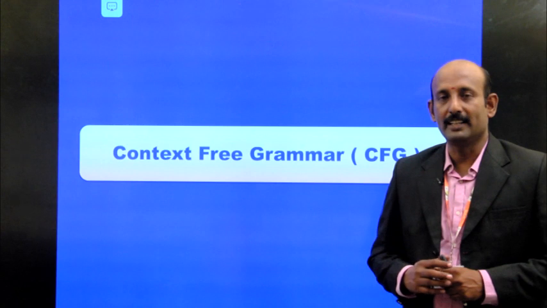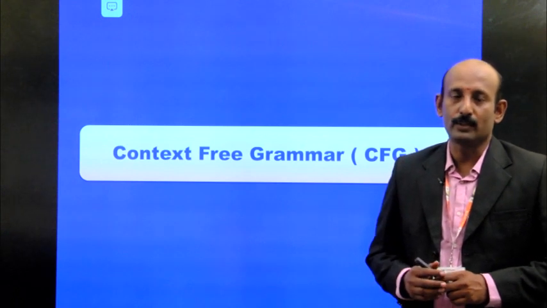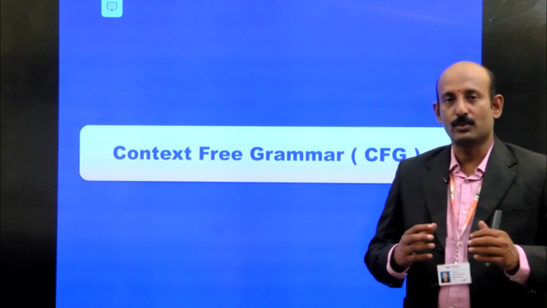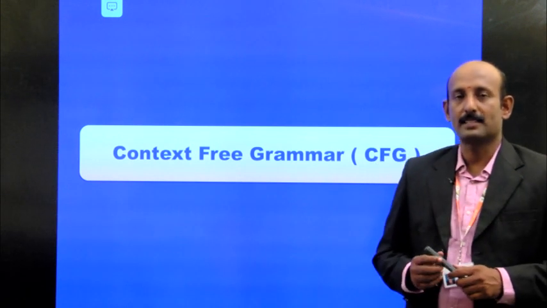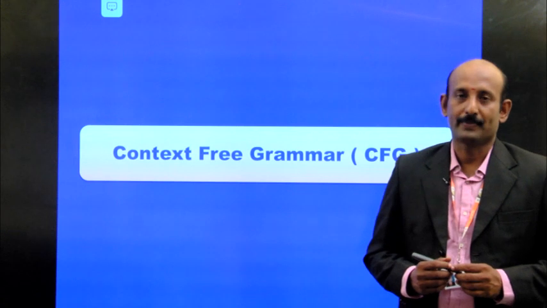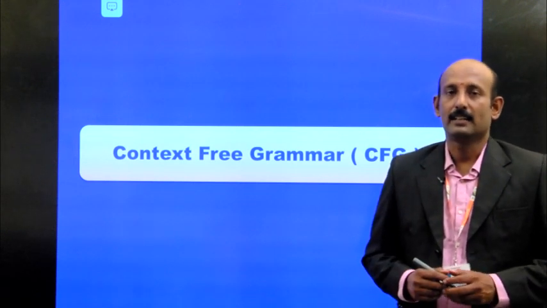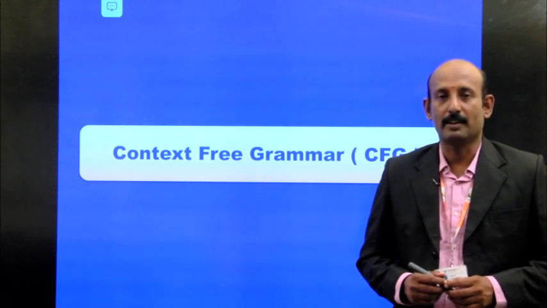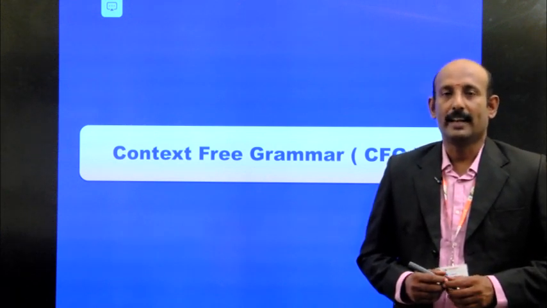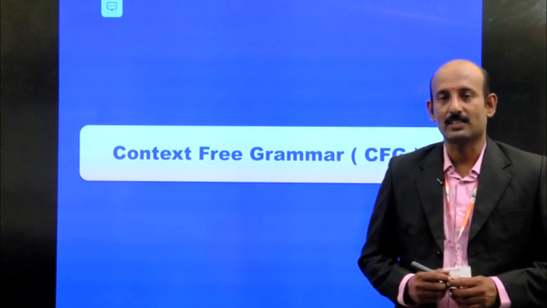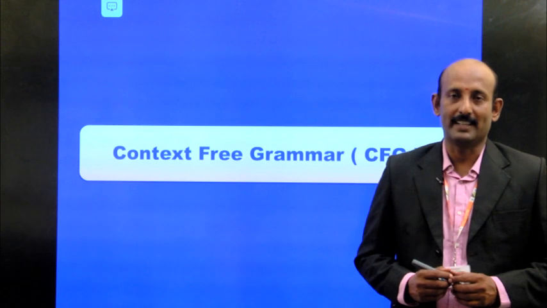Context free grammar is a type 2 grammar. The regular grammar is recognized by the finite automata, both NFA and DFA, and those recognize the languages called regular languages.